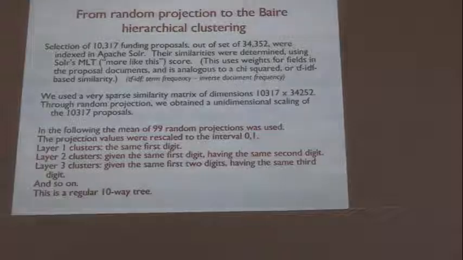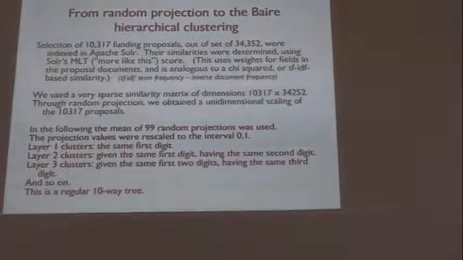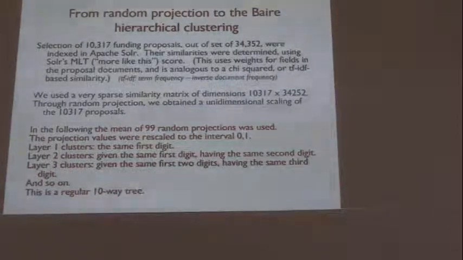And looking at this, therefore, at the layer 1 clusters, using the same digit, this is the ultrametric, but representing it in a particular way here, and then the layer 2 clusters, given the same first digit, having the same second digit, etc. And then this is, of course, the longest common prefix distance, which is the ultrametric. And then this can be nicely represented, but this is purely a depiction of the data.